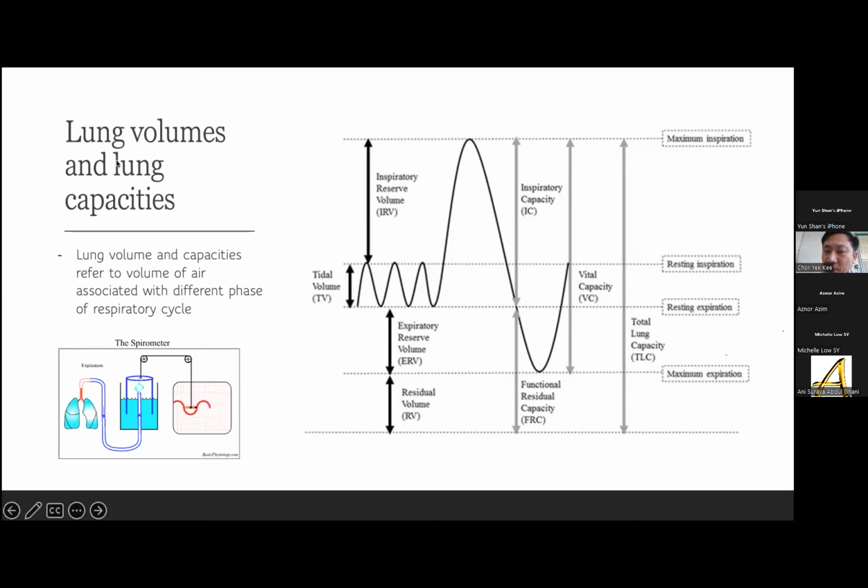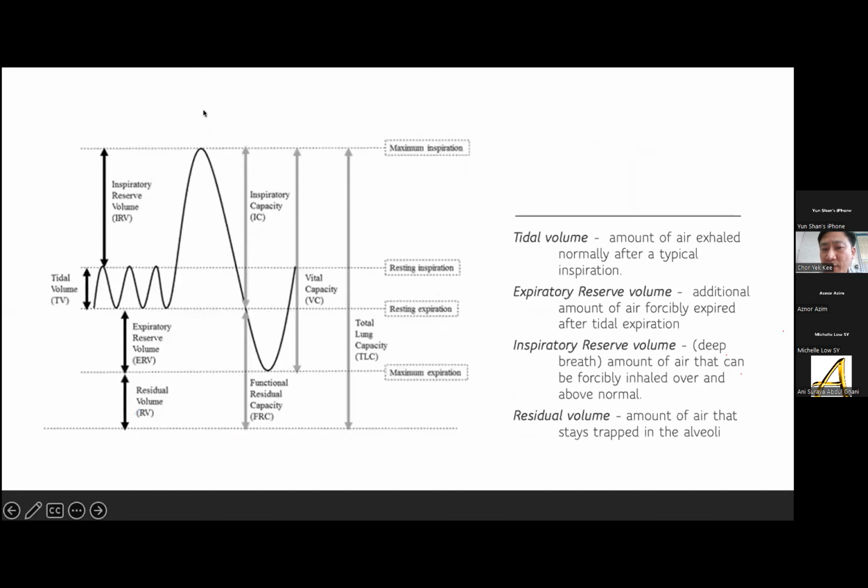So it's important for us to compensate the compliance, especially when you do the machine self-check, and more so if you want to do ventilation with volume control.